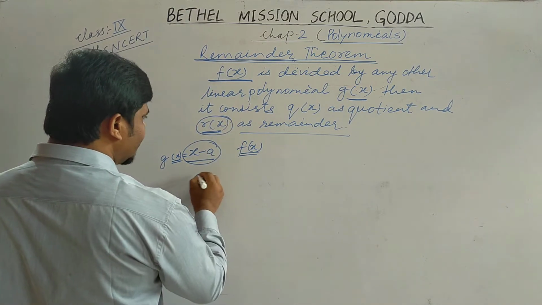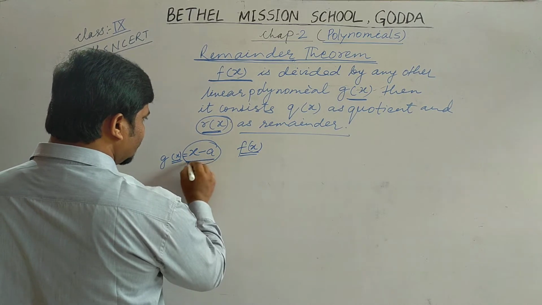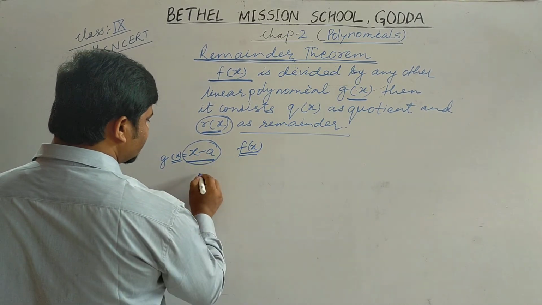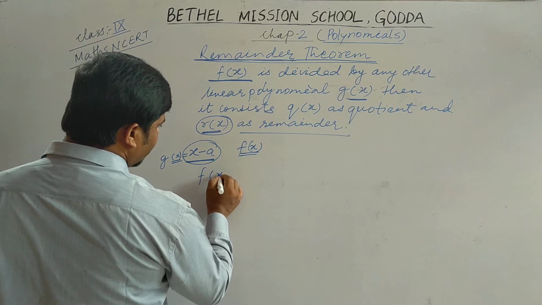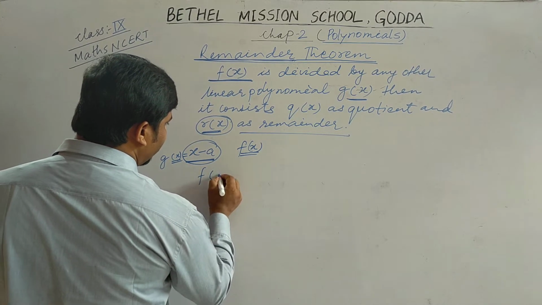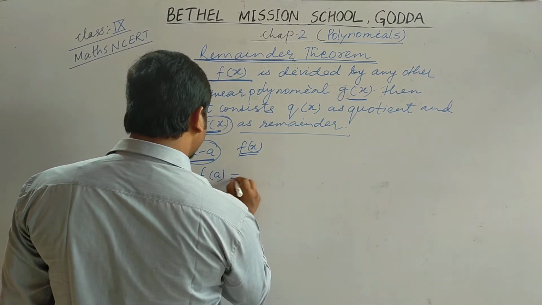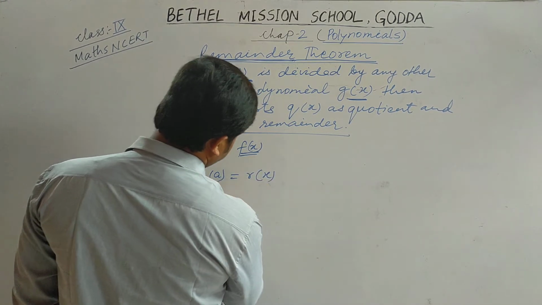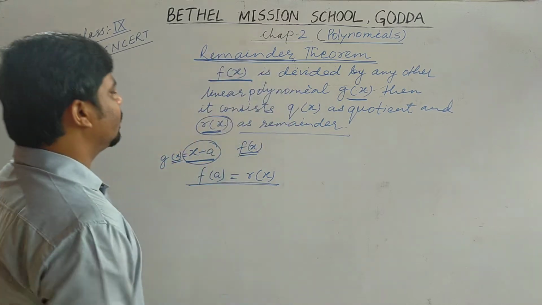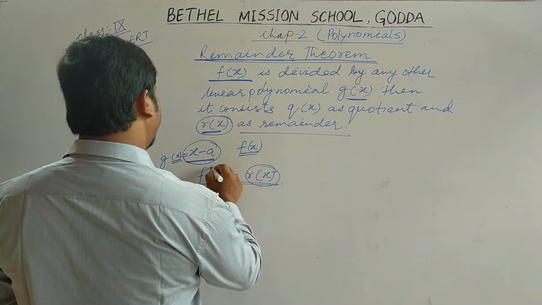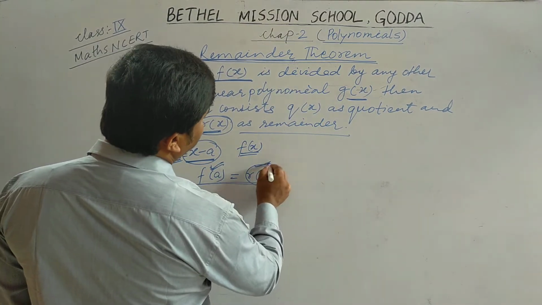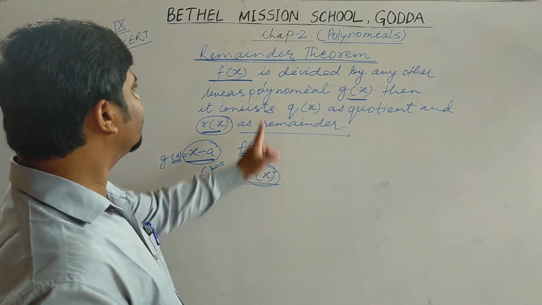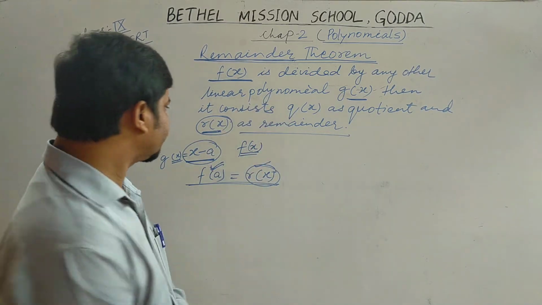So f(a) will be equal to the remainder. Because this is the remainder, f(a) equals the remainder, this is called the remainder theorem.